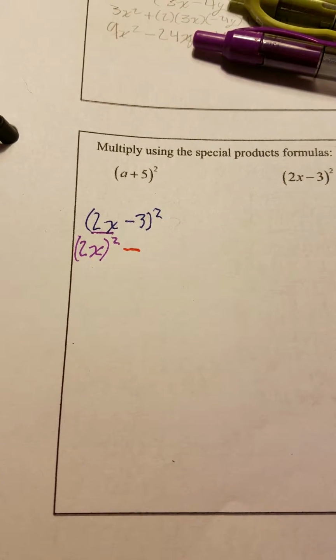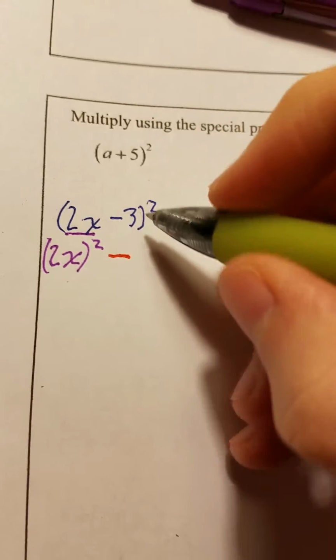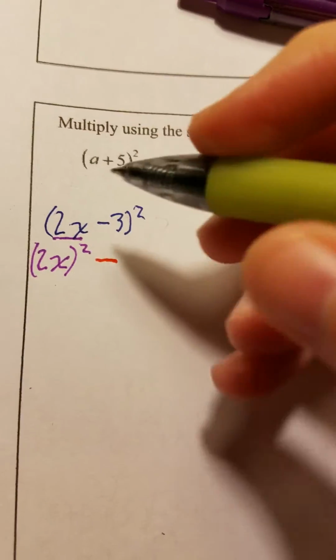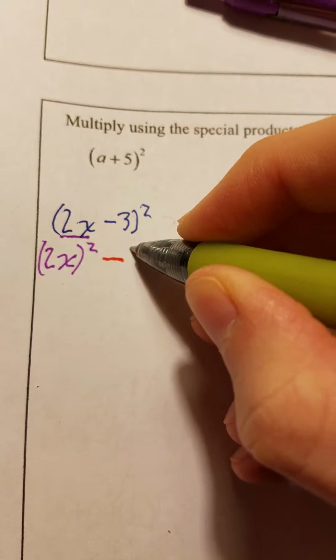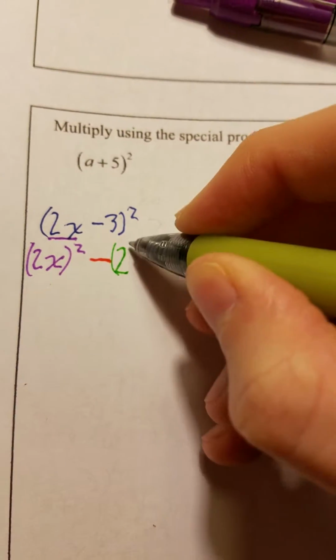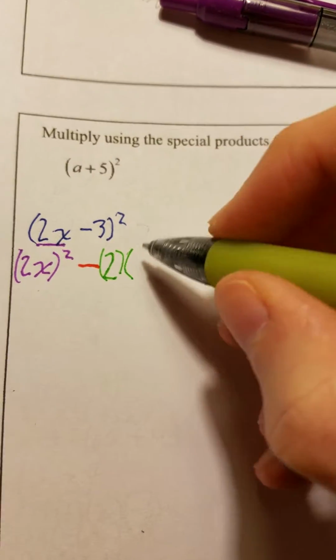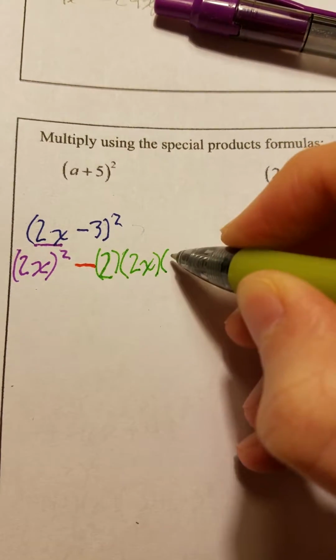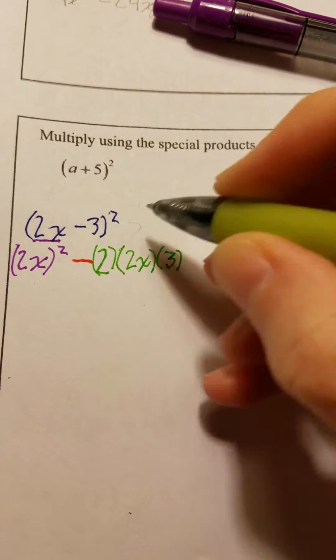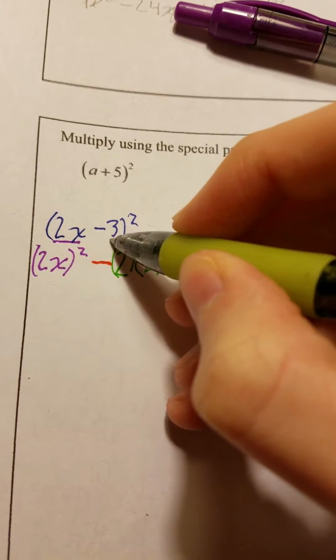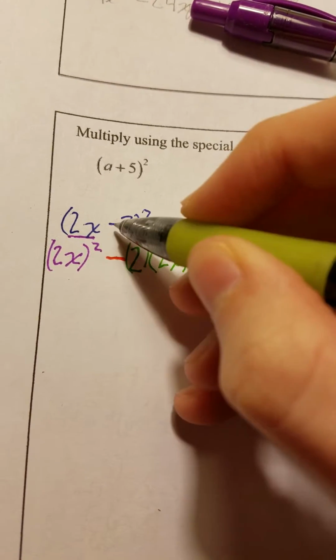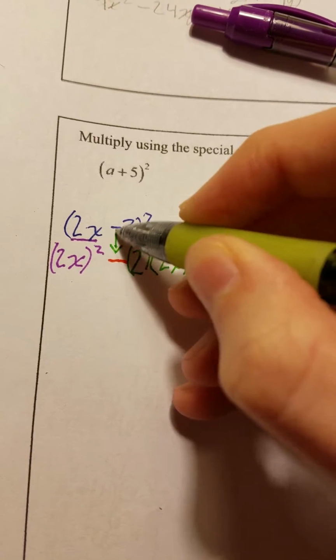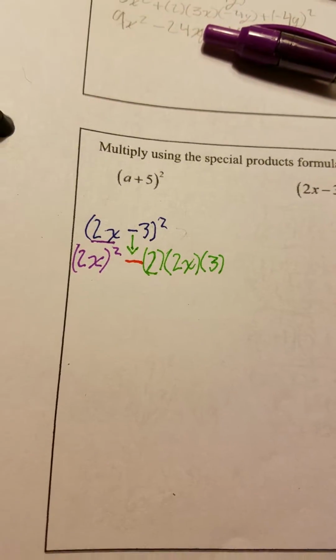So then you multiply everything by the 2, so 2 times 2x times just the 3. Notice that I only did the 3. I left out the minus sign because we stuck it here.